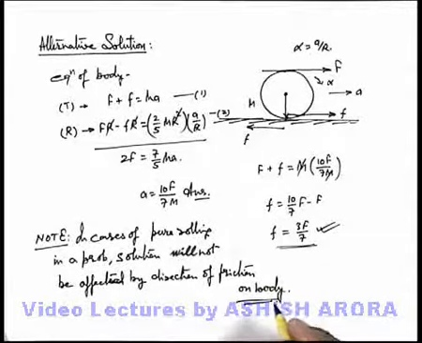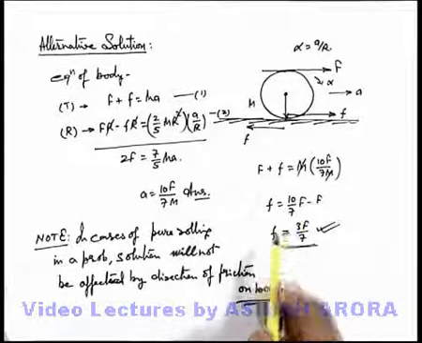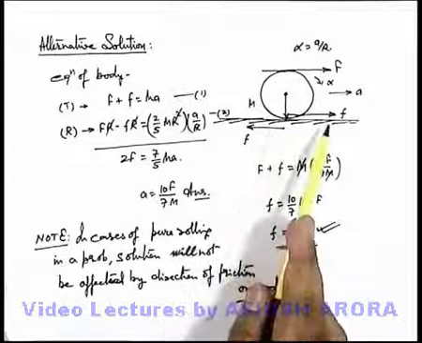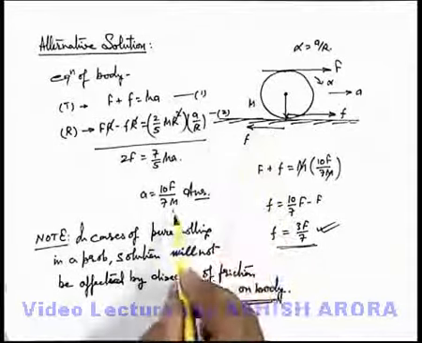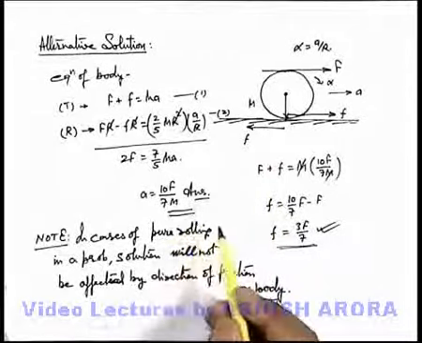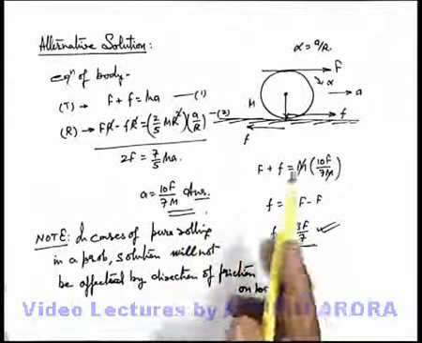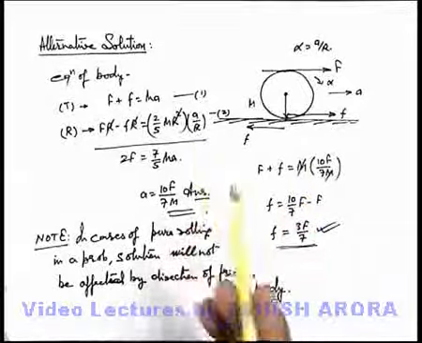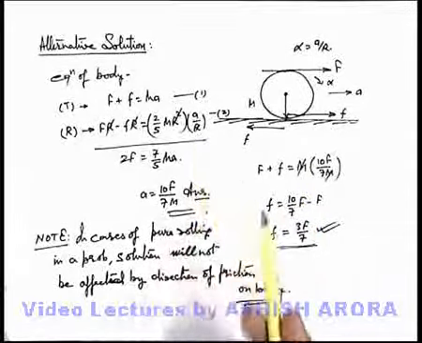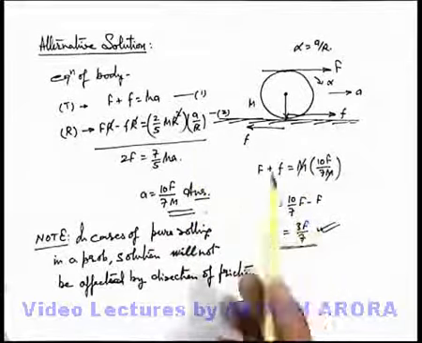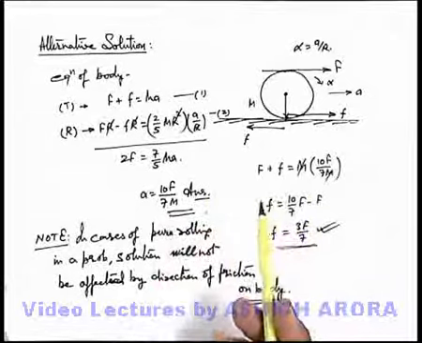Be careful in various cases of pure rolling. If you take friction in forward or in backward direction, the result will remain the same. It will not be affected. But it is advisable that in general you should take friction in backward direction. Otherwise, it depends on your habit how you feel comfortable in the given situation.